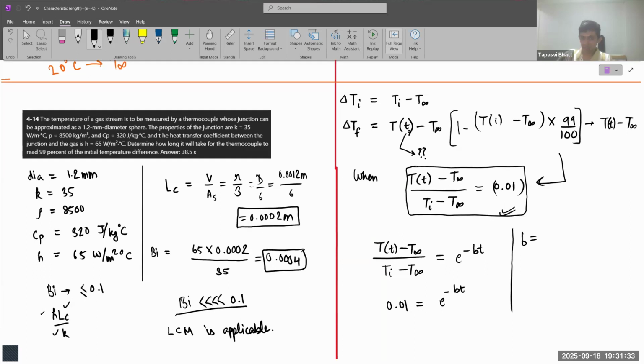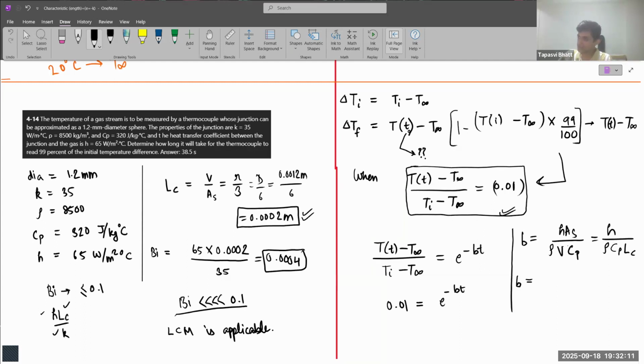B is h times As over rho V Cp. You can say it is h over rho Cp LC, because V over A is the LC. LC we already have: LC is 0.0002, so I think we have B directly.